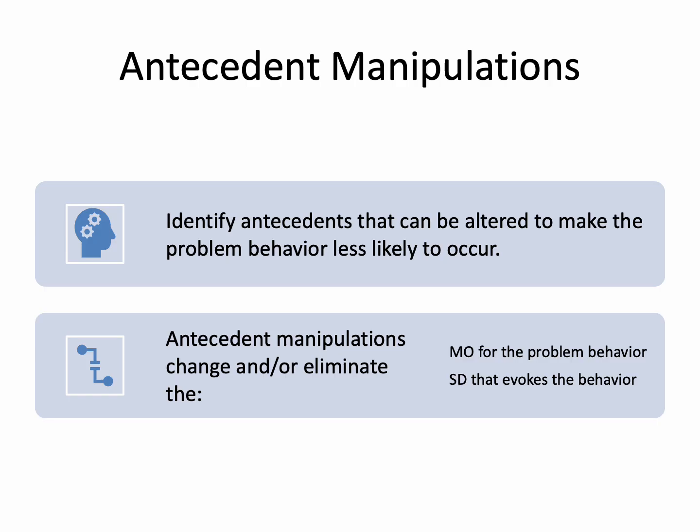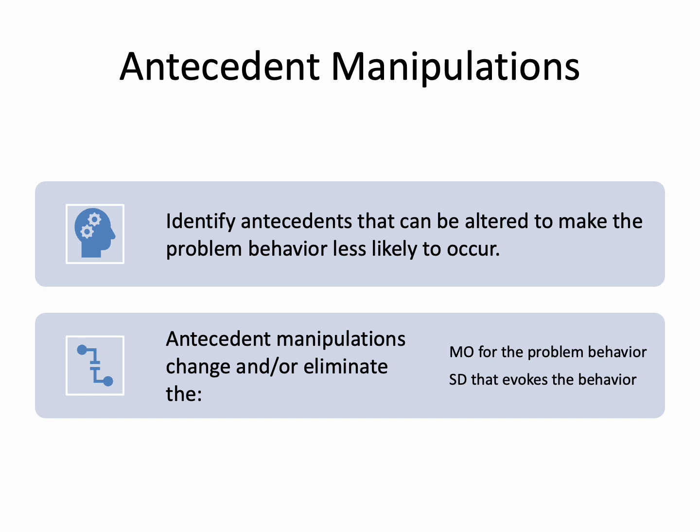So an antecedent manipulation is basically after we've identified those particular antecedents that are contributing to the behavior or making the behavior more likely to occur. Well, we want to reduce that, right? We want to make it less likely for the behavior to occur. So we'll modify those particular variables in order to make it less likely for that behavior to occur.